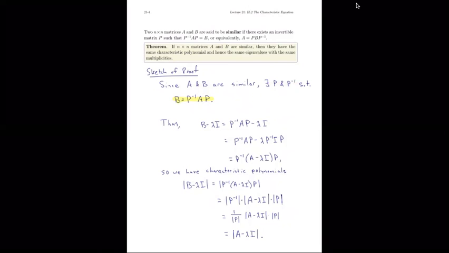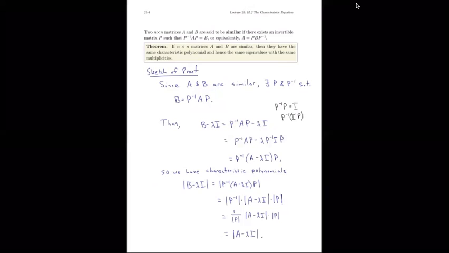So now let's do minus lambda I on either side of this highlighted equation. Thus, we have B minus lambda I is equal to P inverse AP minus lambda I. Remember that P inverse and P are inverses of each other, so P inverse times P is equal to I. And if we left an I in the middle of them, we'd have to associate it with one or the other.